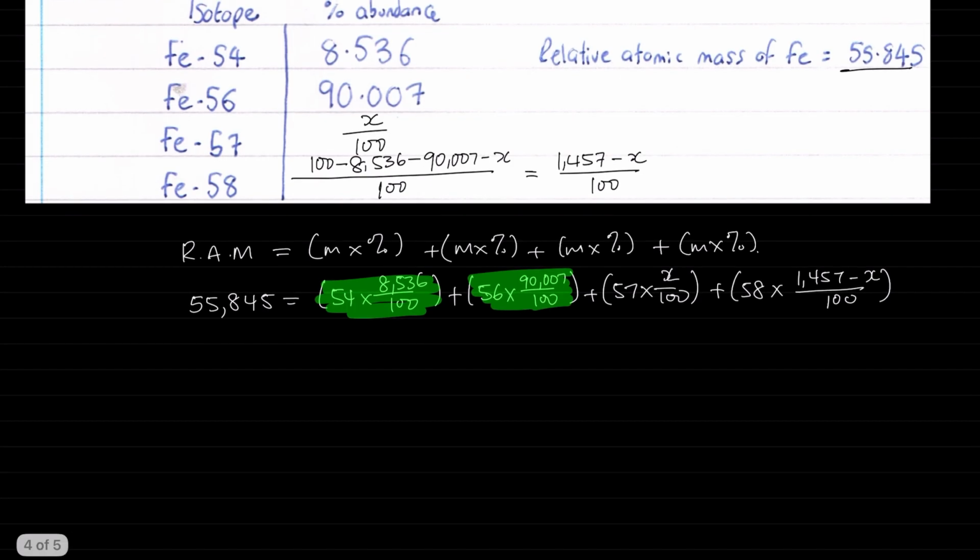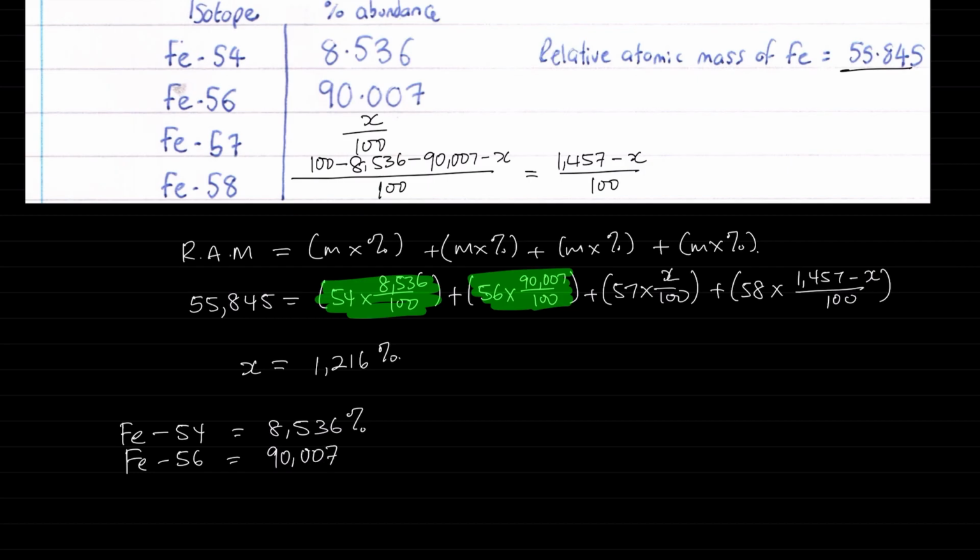When you solve, you're going to get x is equal to 1.216%. So let's just write out our answers. We have Fe54, that's given to us, 8.536%. We have Fe56, which is 90.007%.